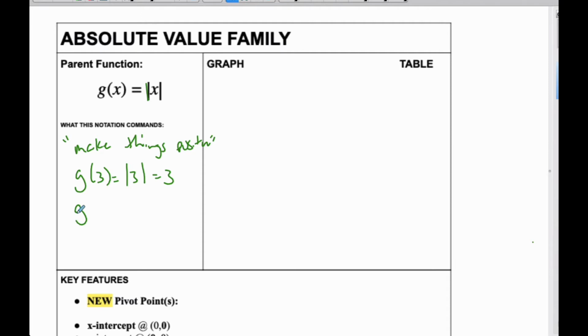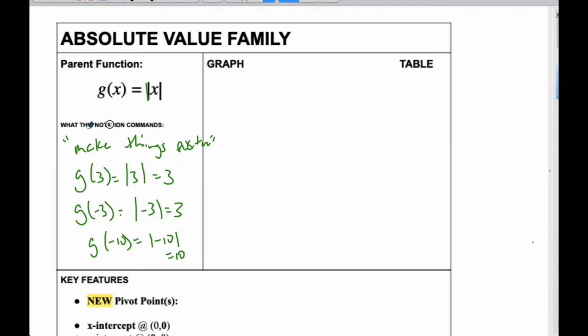But if I do g at negative 3, the absolute value of negative 3 says, make me positive, and that becomes 3. The positive 3 was already positive, so it stays that way. If I do g at negative 10, that's the absolute value of negative 10, which is positive 10, and so on and so forth.